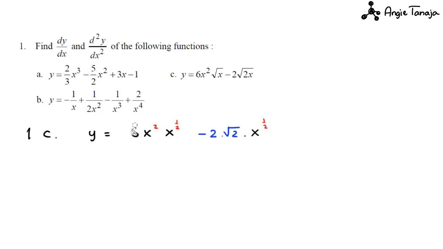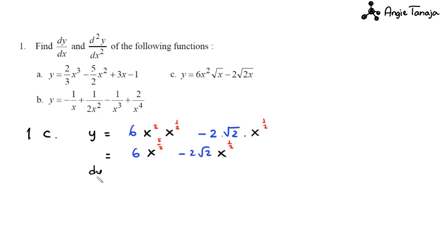Okay. So then I simplify this to be 6x to the 5 over 2 minus 2 root 2 x to the half.